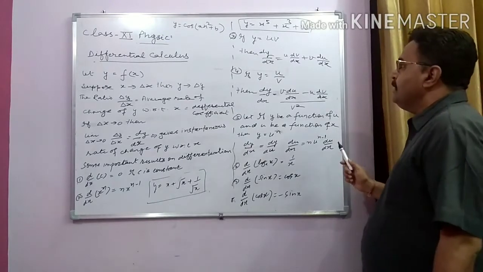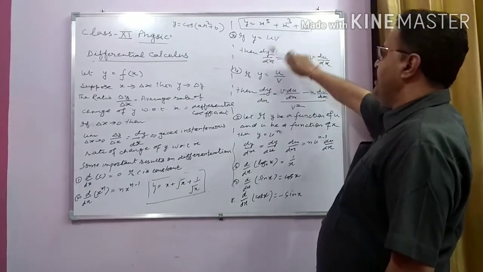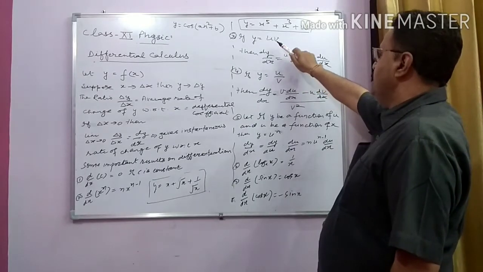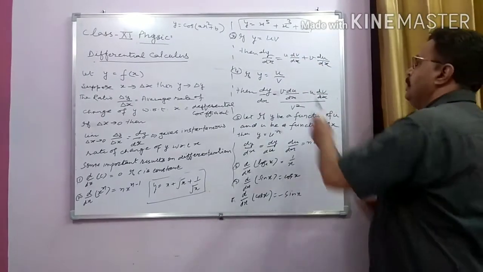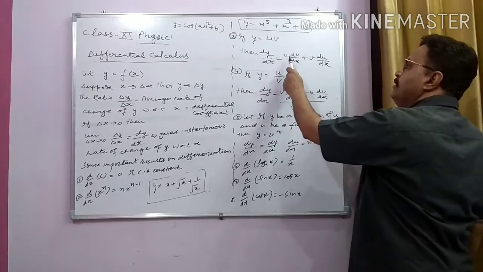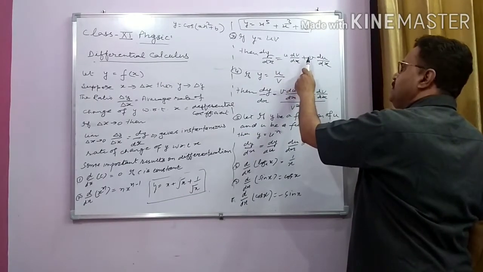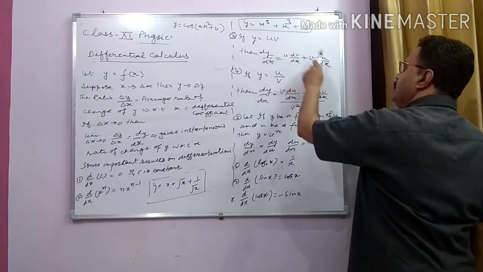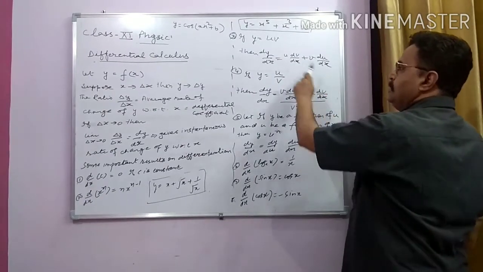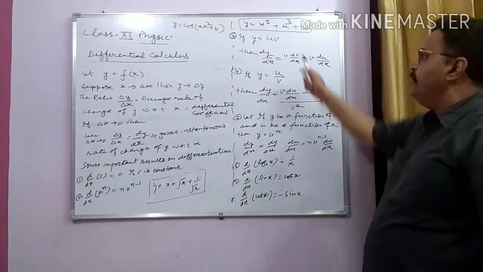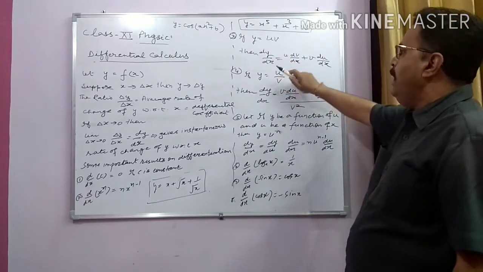In product form we take dy upon dx equal to, first we take u constant and differentiate v, u dv upon dx, plus we take v constant, v du upon dx. So this is the differentiation of uv with respect to x.